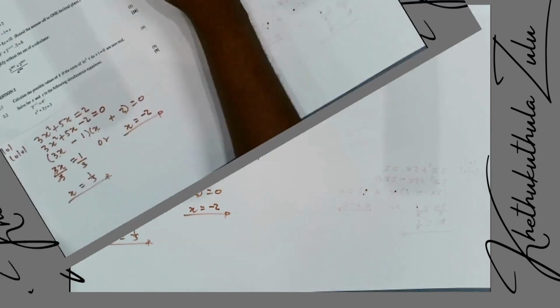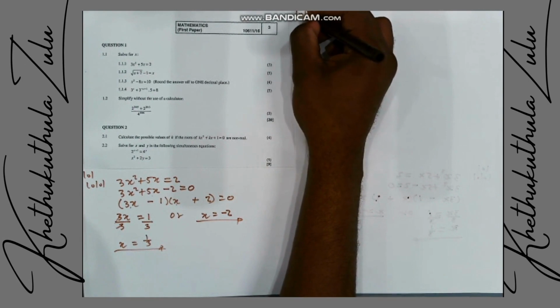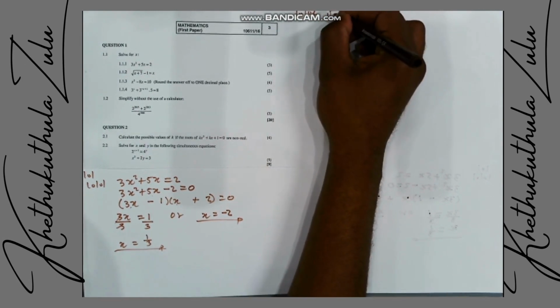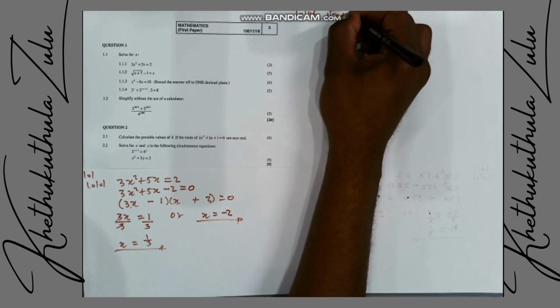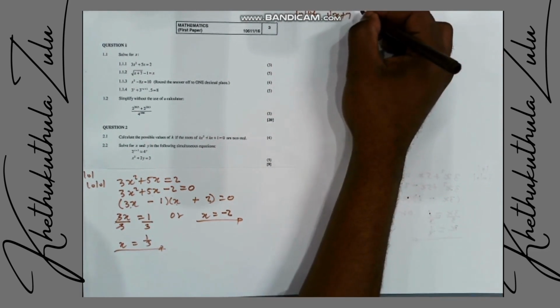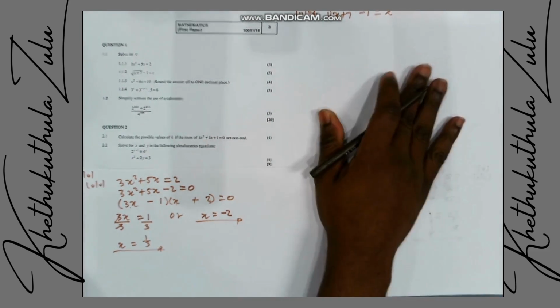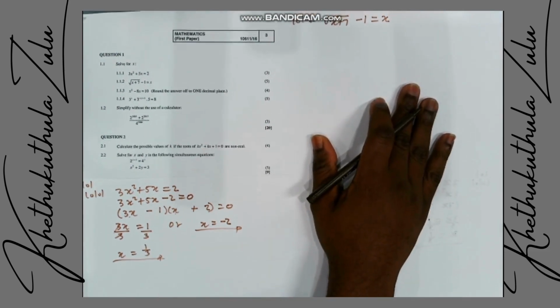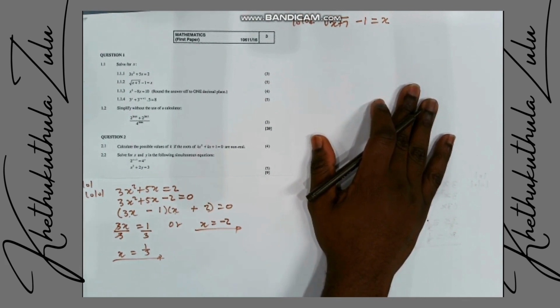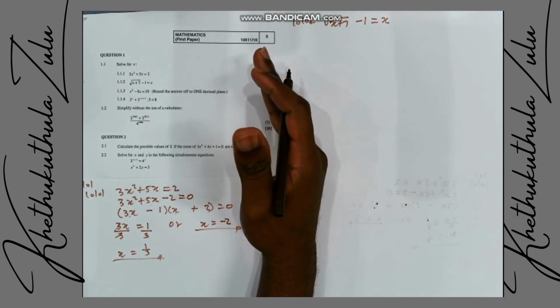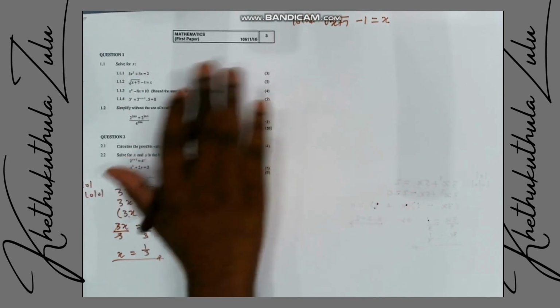Going to the second question, which is 1.1.2, it's saying root of x plus 7, minus 1, is equal to x. This type of question is one where you need to make sure the part that has a root is alone on one side, before you do anything.